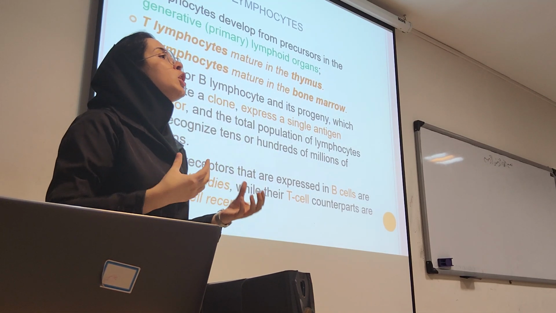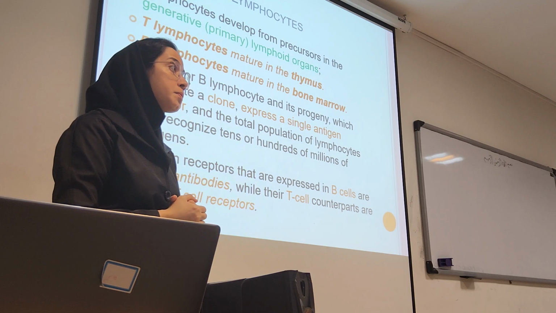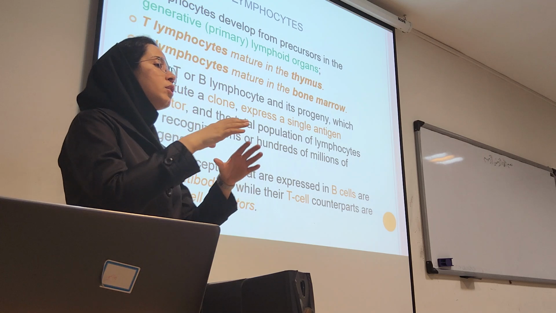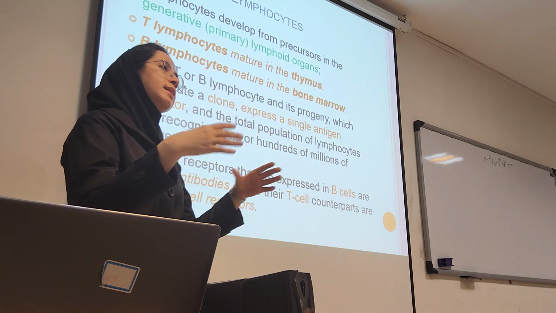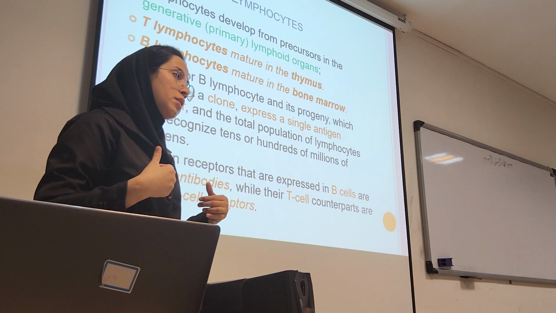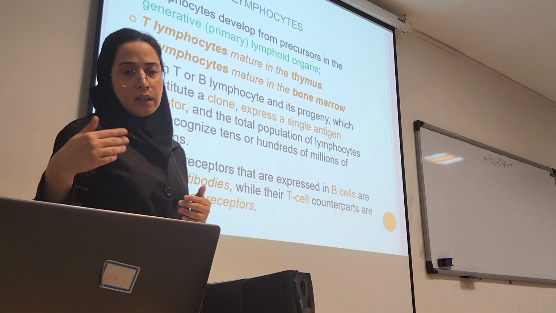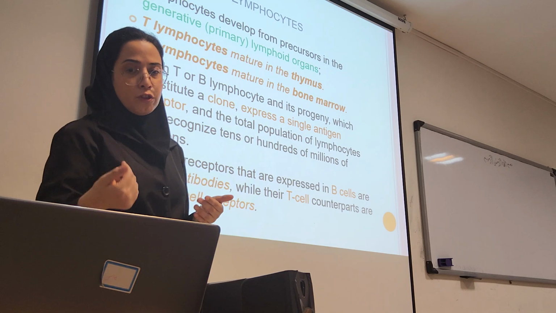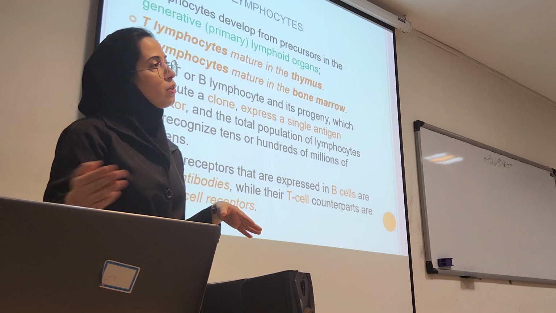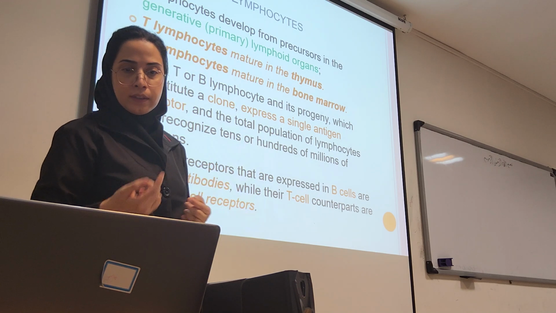What do I mean by a clone? The same antigen. Yes. All the lymphocytes in one clone recognize one antigen. So when I say a clone of lymphocytes, I mean that all of them are the same, and all of them recognize one type of antigen.